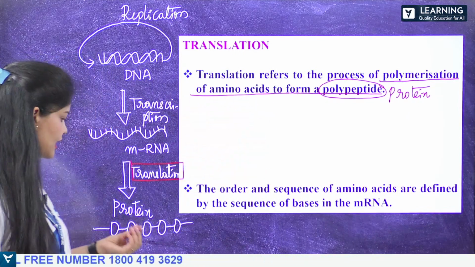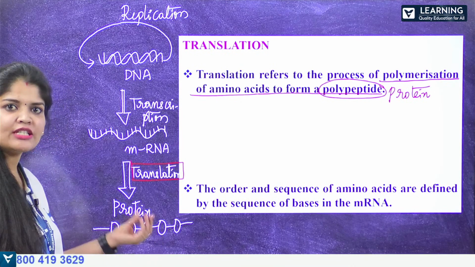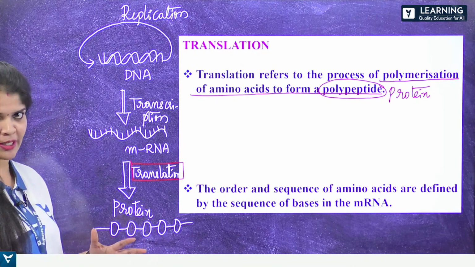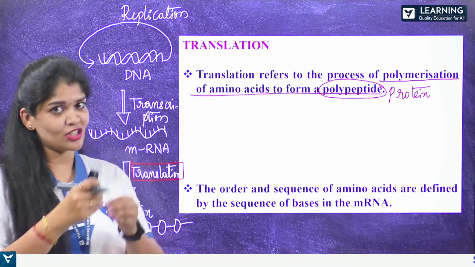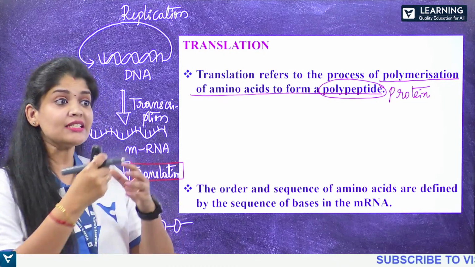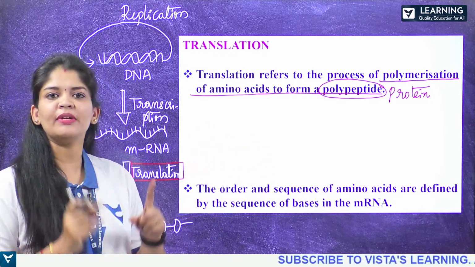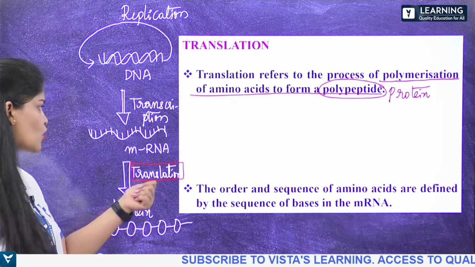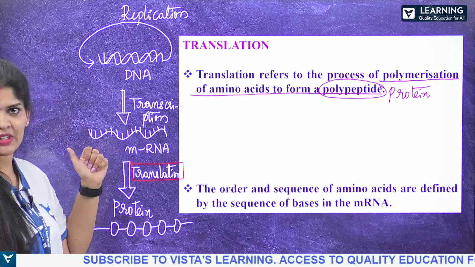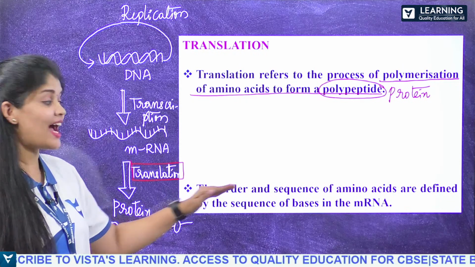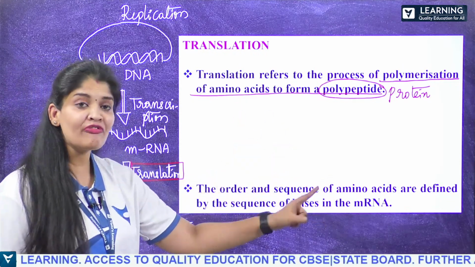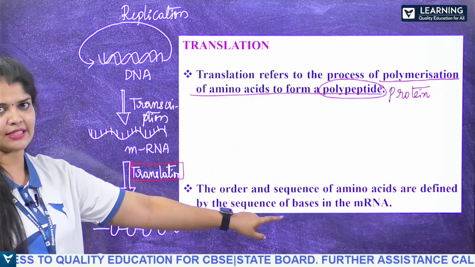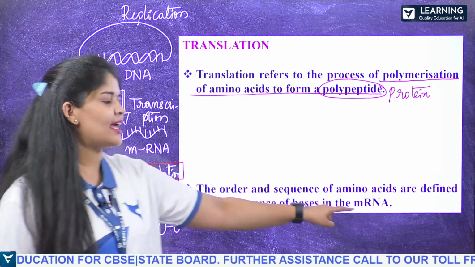Each amino acid binds by means of a peptide bond, and which amino acid has to come in which order is decided by the codons present on the mRNA. The order and sequence of amino acids are defined by the sequence of bases, the codons, on the mRNA.